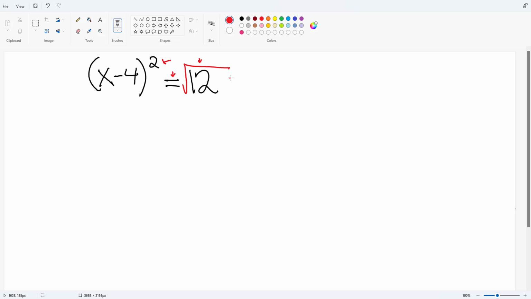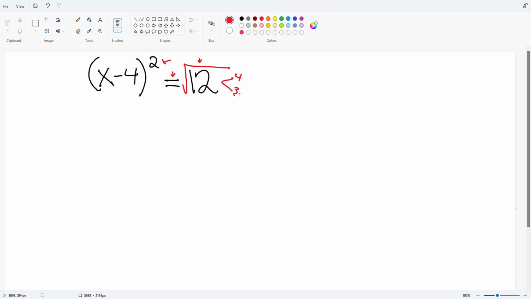Once the 12 becomes squared, you're going to have to find the factors of that 12. So what two numbers can you multiply that's going to give you 12? Well, we can say 4 and 3. With these two numbers, at least one of them has to be a perfect square. We know 2 times 2 is 4, so that 4 is a perfect square.